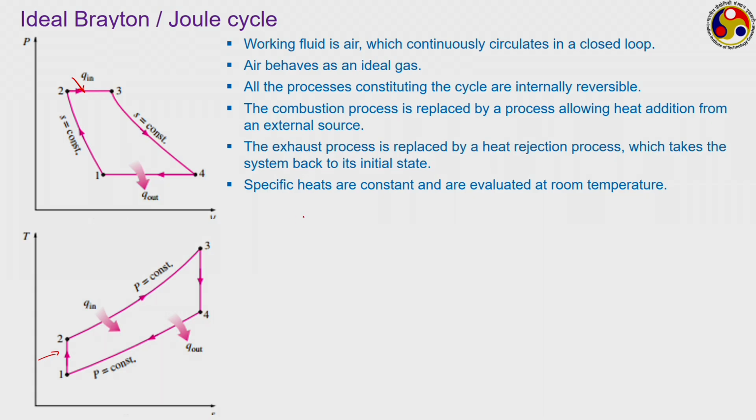So, first component is compressor, which is associated with 1 to 2. If we use the earlier equation where we had H1 minus H2 plus Q in is equal to W out.